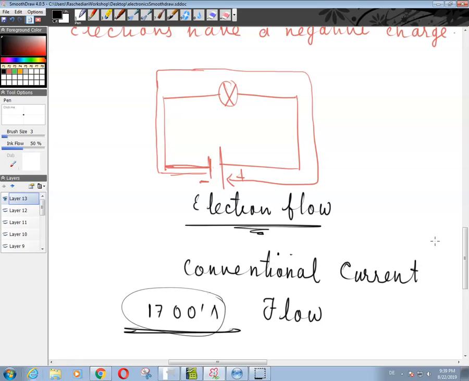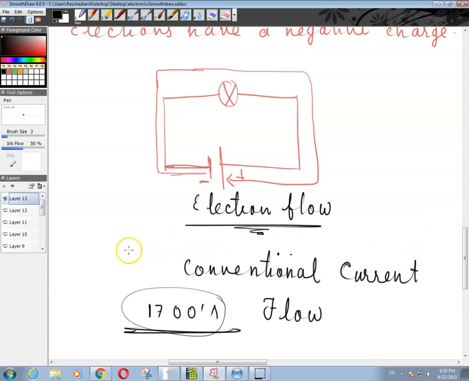And then based on that, all of the ammeters and all of the voltmeters and all of the semiconductors and everything else were made. So everything was based on this conventional current flow.